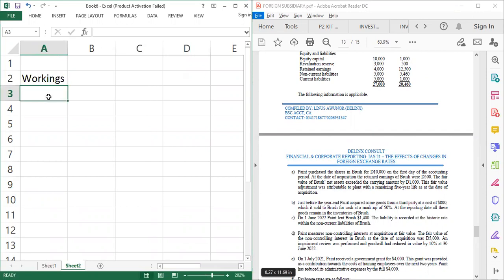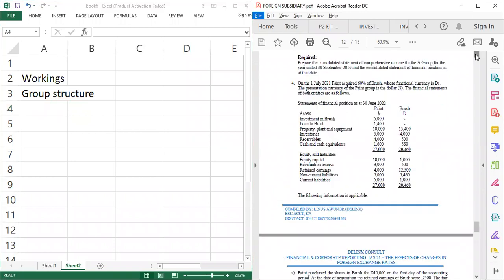Workings. The first working you have to do is to tell us about the group structure of the company. What is the group structure? 60-40.